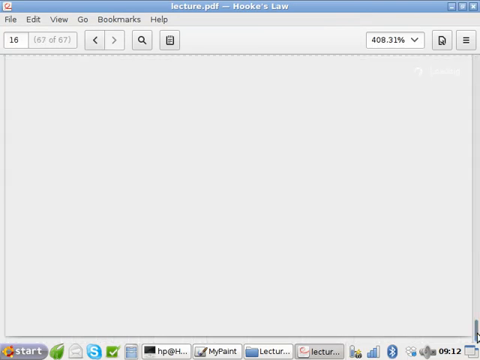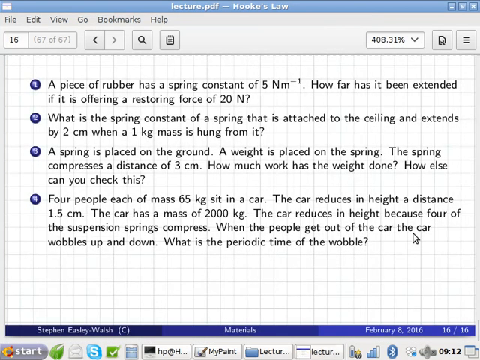First question. A piece of rubber has a constant of 5. How far has it been extended if it's offering a restoring force of 20 newtons? Okay.